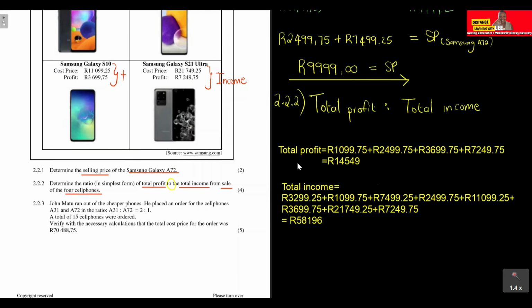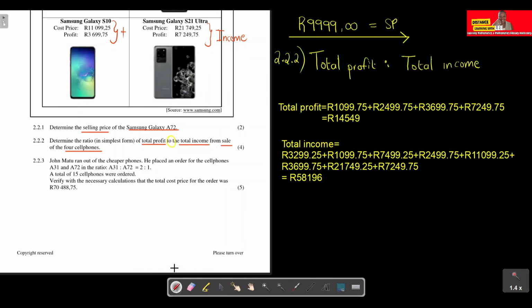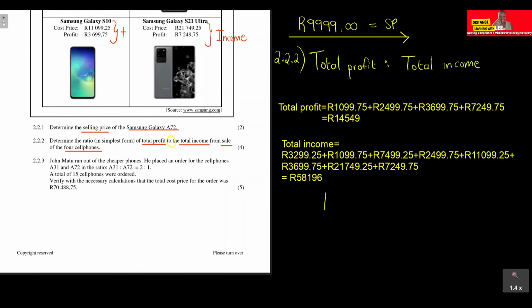However, guys, we're not done. Remember, we're trying to get the ratio. We already started the question by saying that the ratio is going to be the ratio of the total profit to the total income.